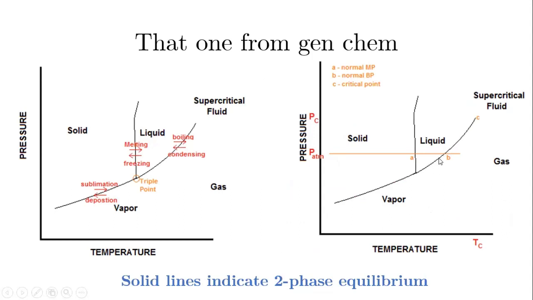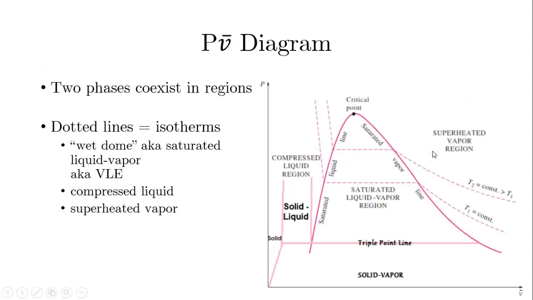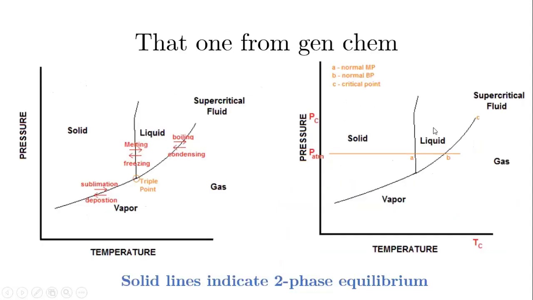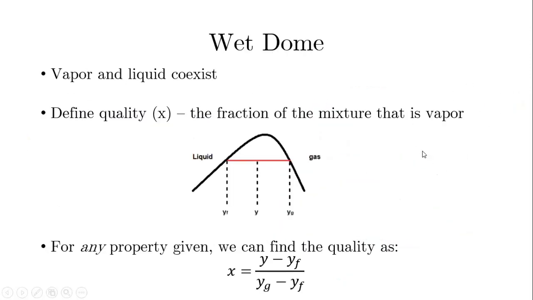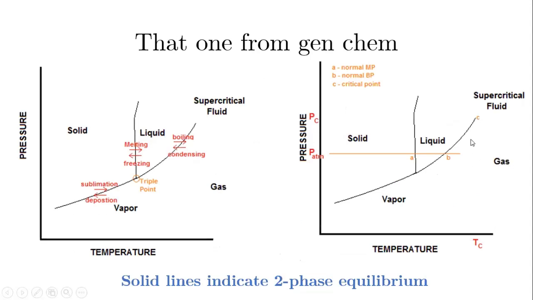We have both liquid and vapor. So to the left of this dome is the liquid region, which is just this. To the right of this dome is just superheated vapor, meaning it's just this. And within that dome is that line.